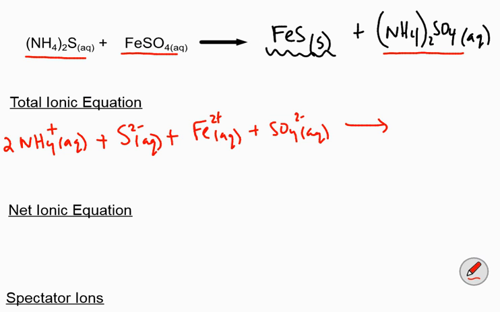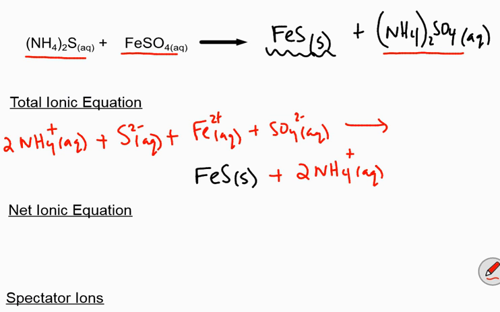On my products, my FeS, my iron sulfide, has to stay together as a solid, so I don't break that up. But I can break up my ammonium sulfate. So I've got an NH4+, I've got 2 of them because of my subscript here, and I've got SO4 2-, that's aqueous.